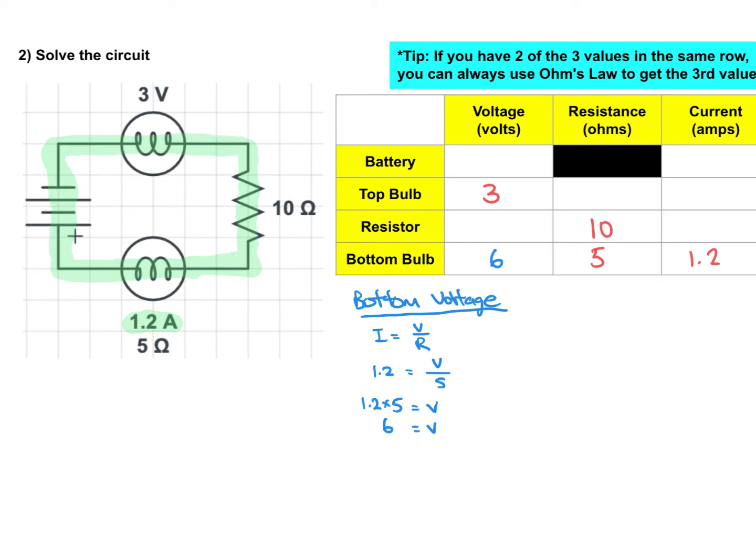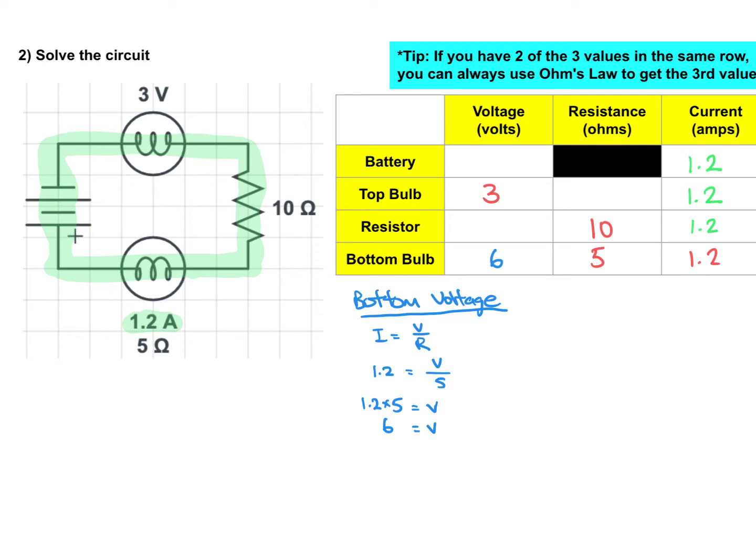So this 1.2 amps is going the same speed the entire circuit. The entire circuit is going to be 1.2 amps. The amps are always the same number in a series circuit.